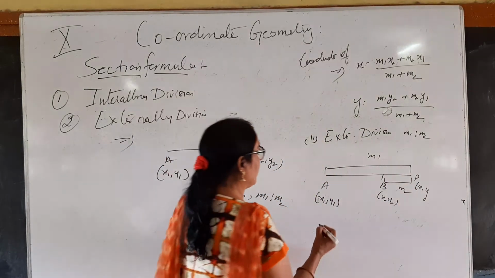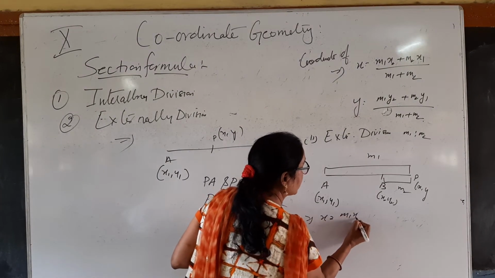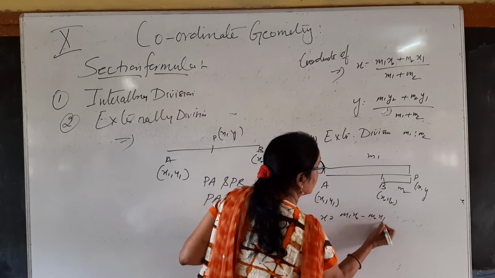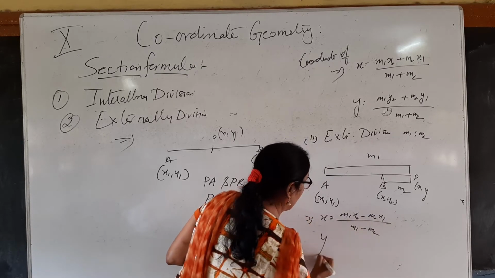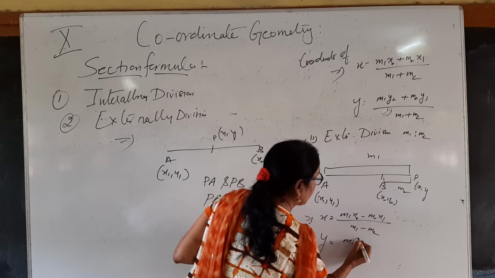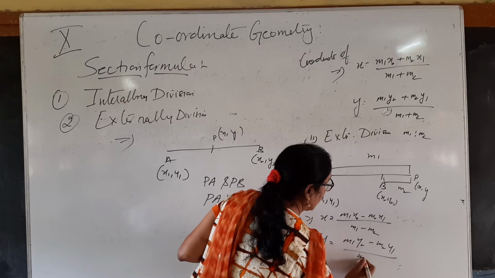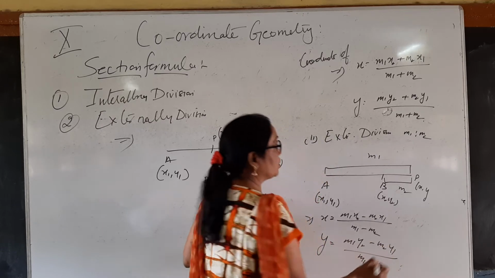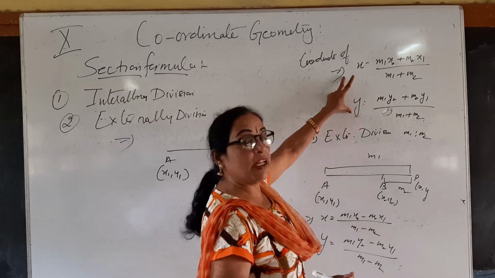So the coordinates of P for external division will be x equals m1 x2 minus m2 x1 upon m1 minus m2, and y will be m1 y2 minus m2 y1 upon m1 minus m2. So if external is given, you will use this formula, and for internal you will use the other.